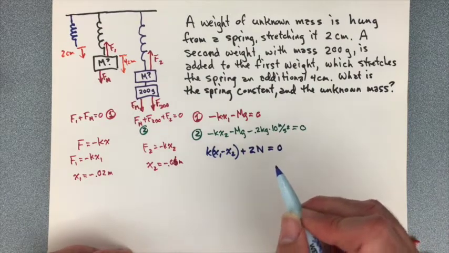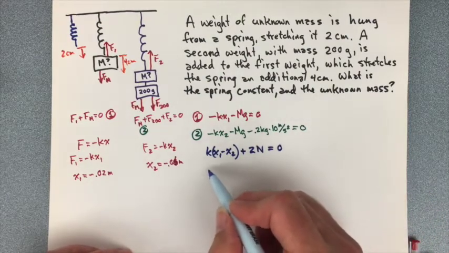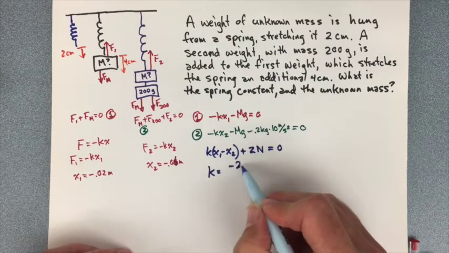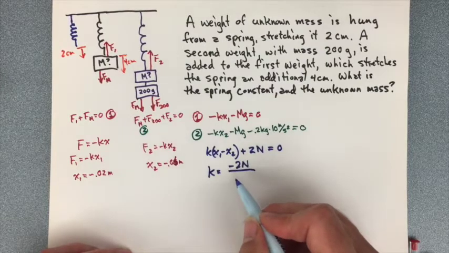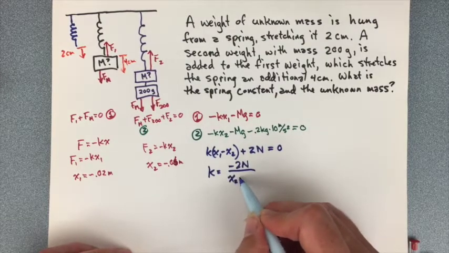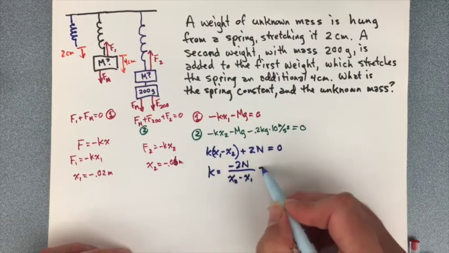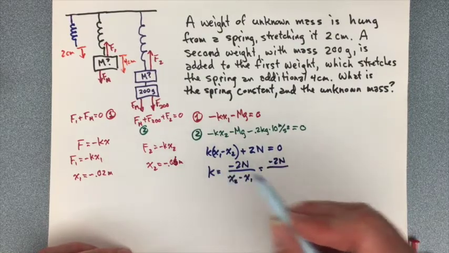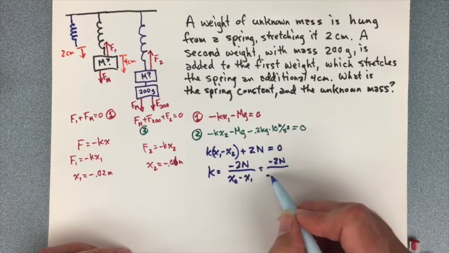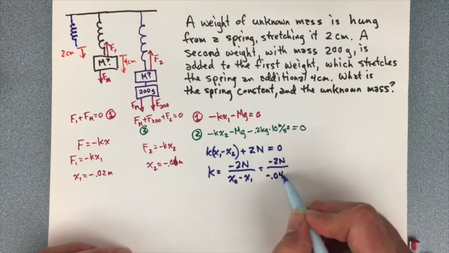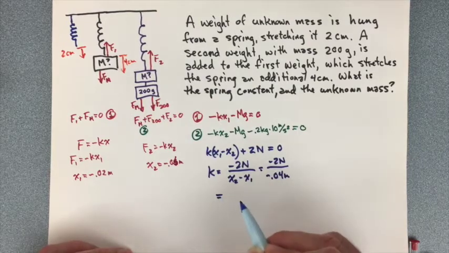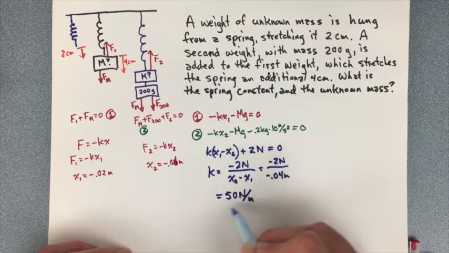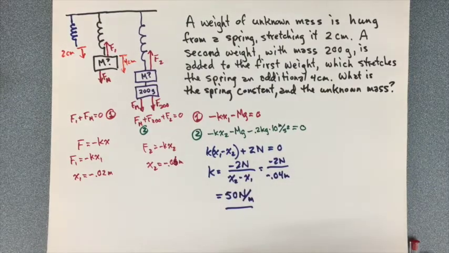So this tells me then that I can solve for k as being minus 2 newtons over x2 minus x1, which is minus 2 newtons over the difference in those, which is minus 0.04 meters. So the spring constant is 50 newtons per meter. So there's the first thing we needed to find.